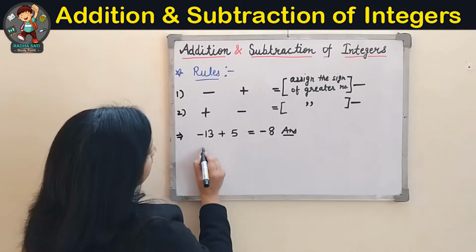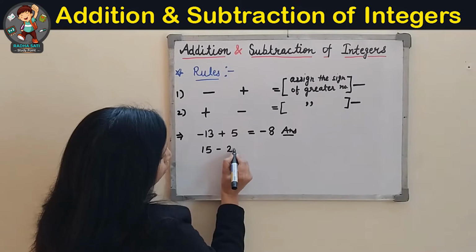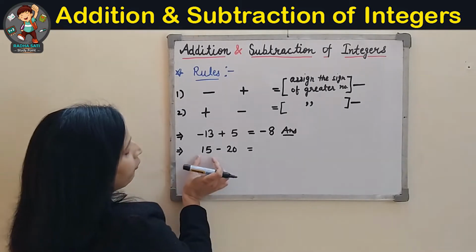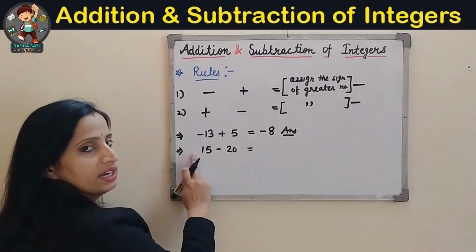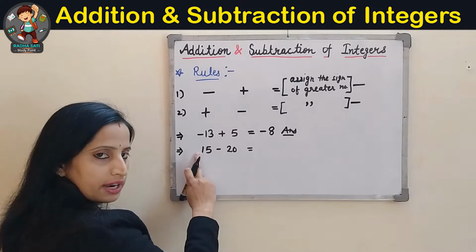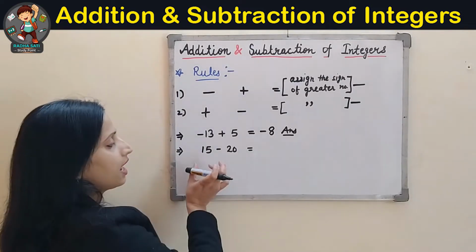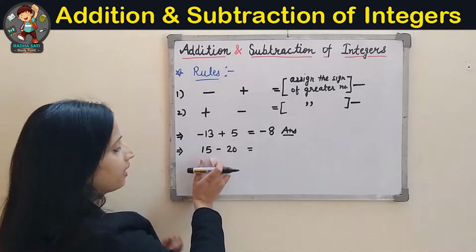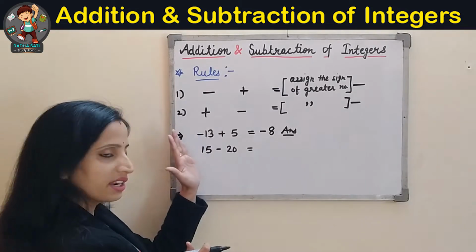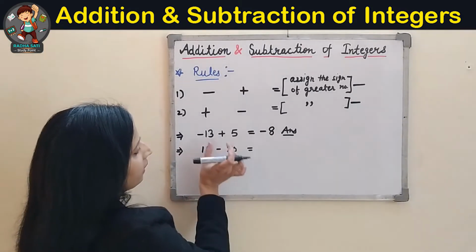Similarly, 15 minus 20. Now, here 15 is a positive integer because there is no sign before the number. If there is no sign, we always consider it as a positive integer. And the sign of the number will always be to its left. So, it's a positive integer, it's a negative integer.